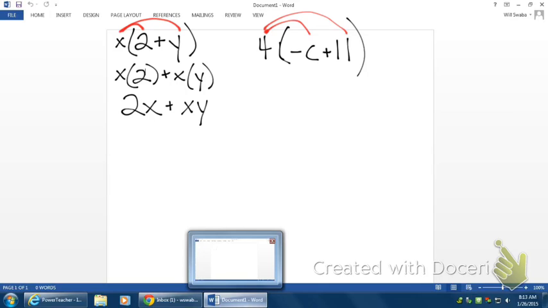Okay? Pretty basic. So this is going to become 4 times the negative c plus 4 times 11. And when you go to simplify it, this really becomes a negative 4c, and this becomes 44.